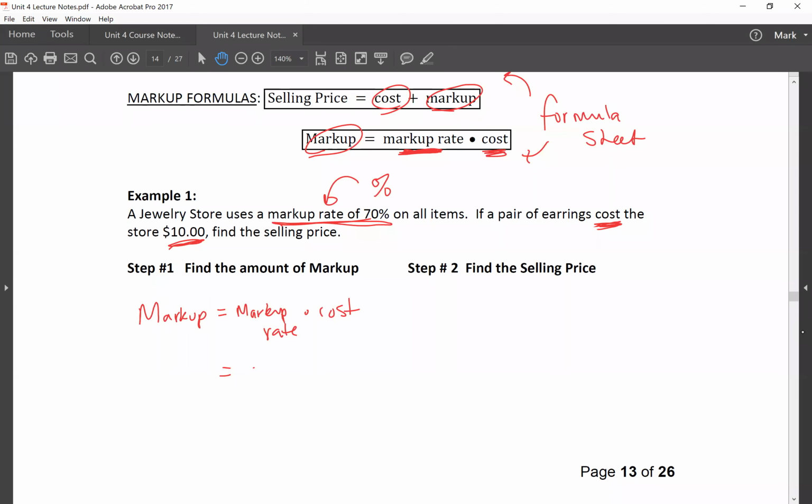So it's going to be 70% times the cost. I'm showing everything here, but remember, we don't use percentages in calculations. So it's going to be 0.70 times 10, which is $7.